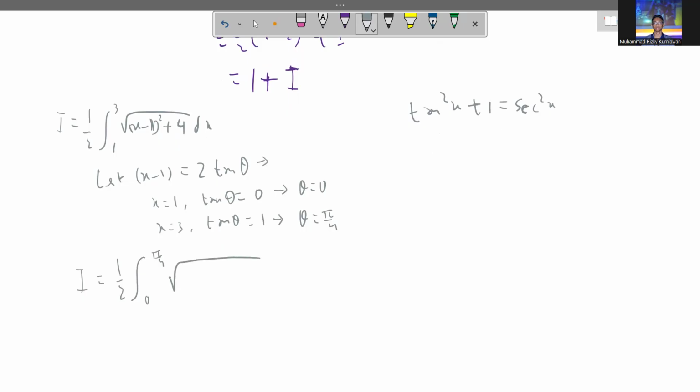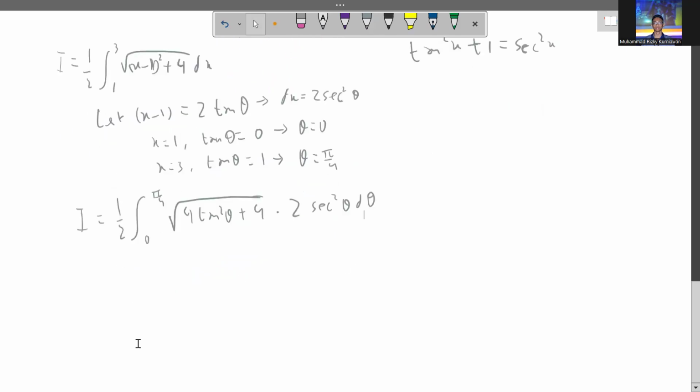Oh, also one thing. Because we're doing this substitution, that means we will also have to change dx. So dx here is equal to, if we differentiate both sides, 2 secant squared theta d theta. So this becomes the square root of 4 tangent squared theta plus 4 times 2 secant squared theta d theta.